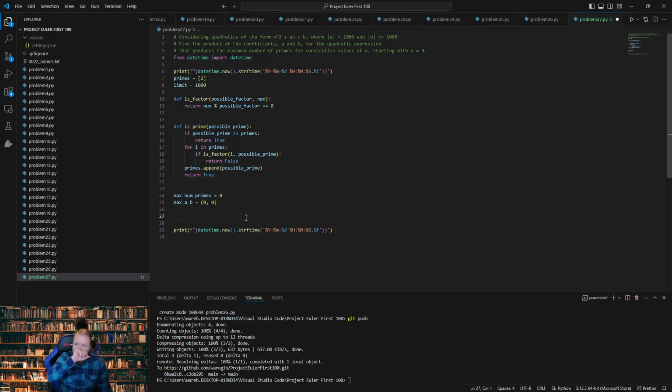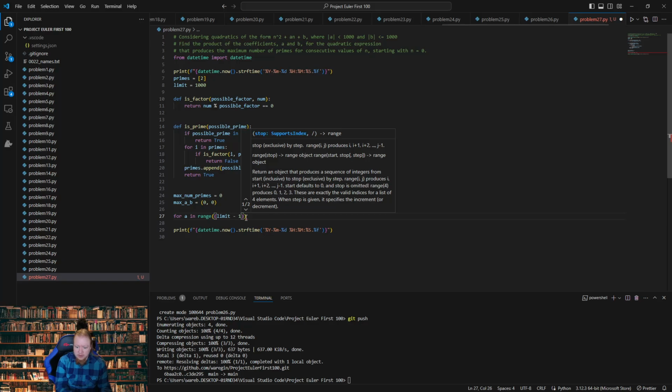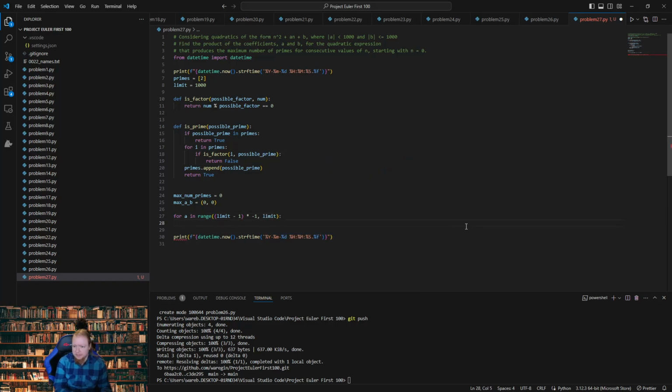So let's see, absolute value of A less than 1,000. So for A in range, limit times -1, and we want to go up to, but not including the limit.